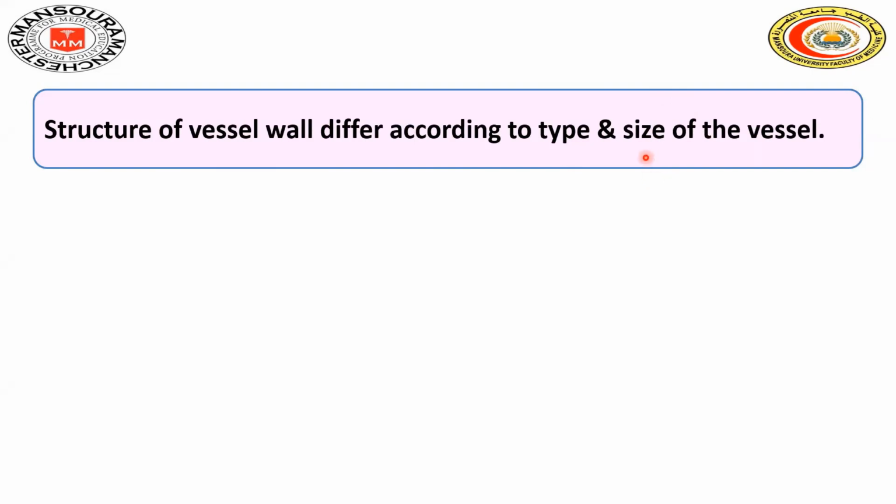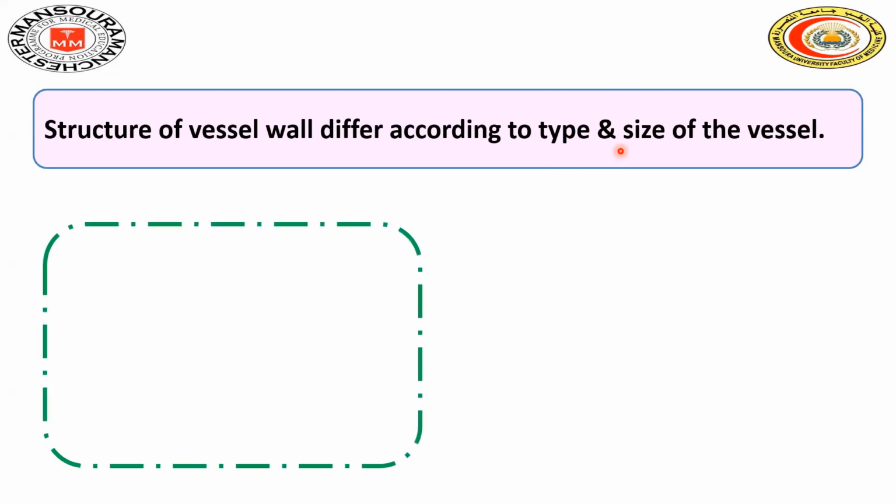It also differs between the IVC, inferior vena cava, as a large vein, medium-sized vein, and small venules. These two points are important because each vessel has its own structure. The three layers are present, but with different criteria.